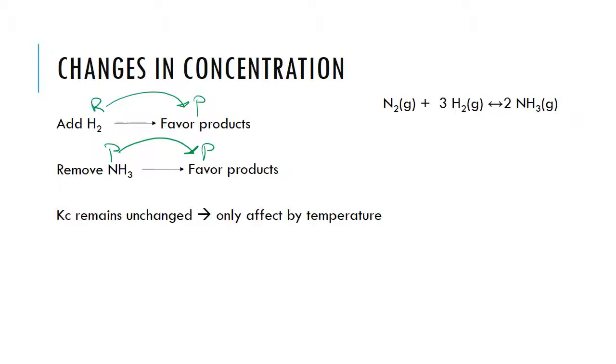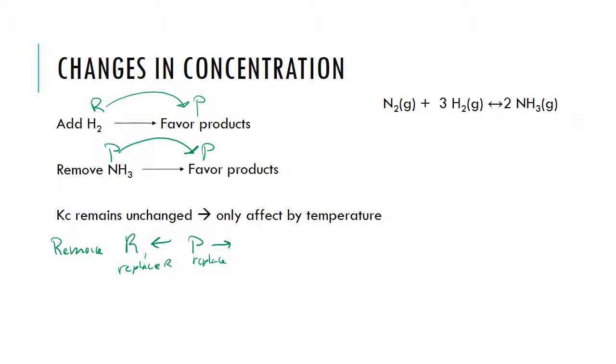So now I just want to go through some examples. So let's say if we remove a reactant, right, what's going to happen? If we're going to remove the reactant, we need to replace that reactant. So we are going to shift towards the reactants. If we remove a product, we want to replace that product.